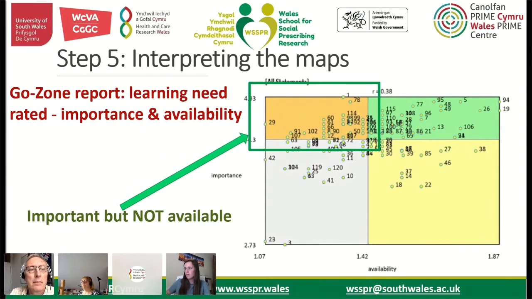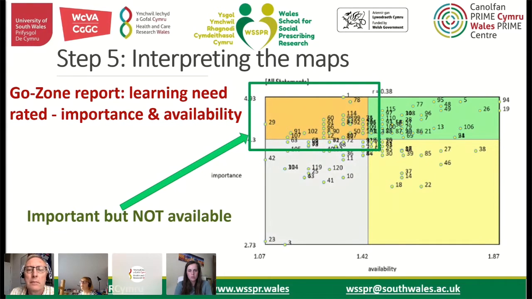So here we have the go zone. And if you could recall, I said that this is a really important map for us because it taught us what was important and what was available. What statements were important to the individual participants and which ones were available. But most importantly, those in that orange section that you can see, those that were important but not available or least available.